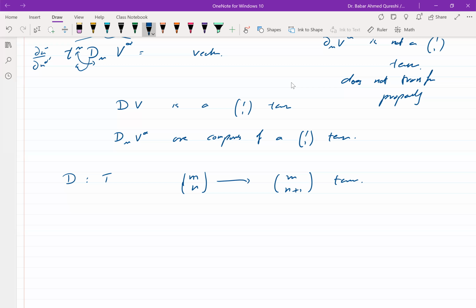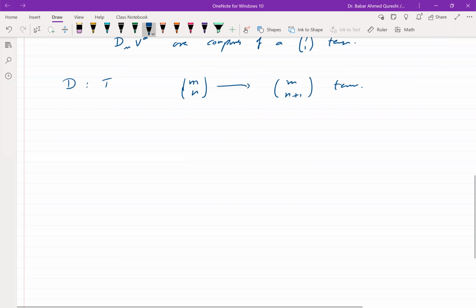So it should be linear, should satisfy Leibniz rule, and it should give you back a tensor with an added extra index. And we said that we will construct it, since we want it to be linear and have a kind of Leibniz rule. So we guess, or not guess, we just define it this way.